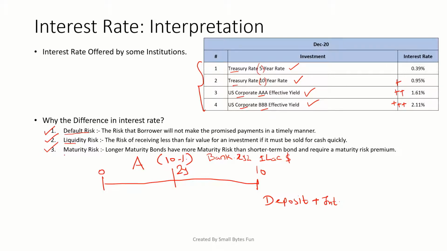Now maturity risk. Maturity risk is something interesting. Let's assume that after 2 years, there was a rise in inflation. Since there was a rise in inflation, from the third year banks started offering a rate of 13%.